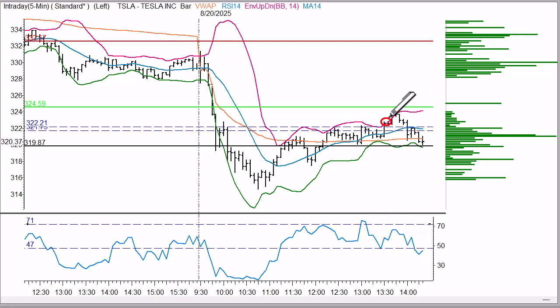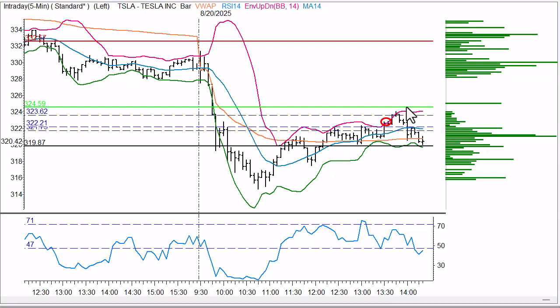So I thought for sure this is going to be a place to get short, and it's going to go in my favor immediately. Well, it didn't. I wound up shorting a bunch right at this threshold of 323.62. That got me back short again because I was looking at this little infield fly reversal there.